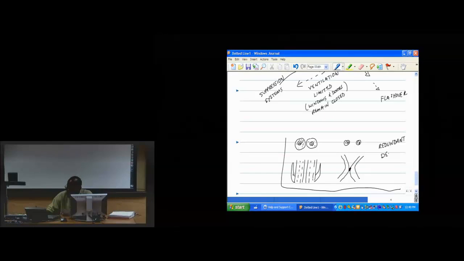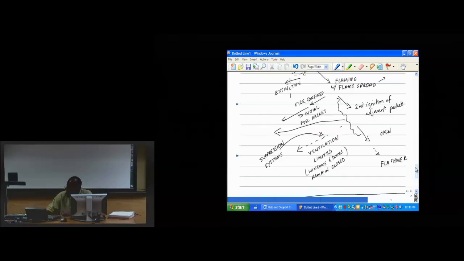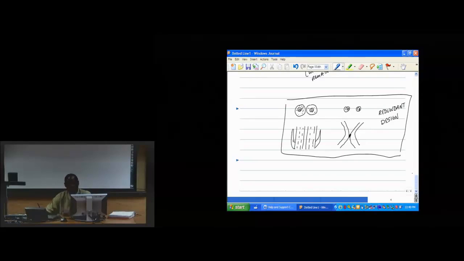Okay, so beyond flame spread, we want to look at compartment fire physics. So the development of the plume, the development of the ceiling jet. Remember, the ceiling jet is that gravity wave that travels over the ceiling of a compartment.